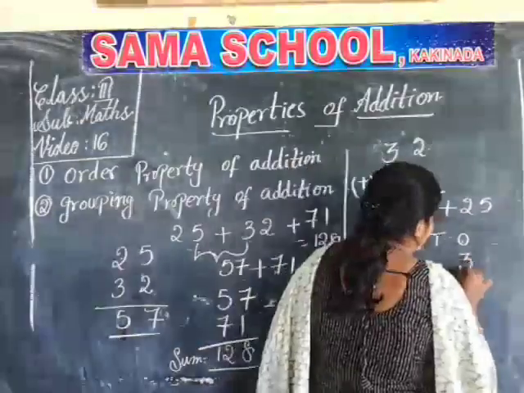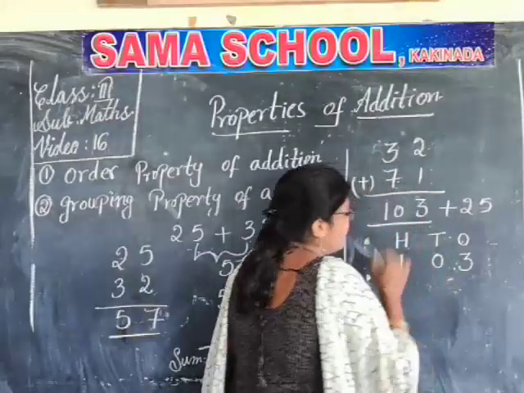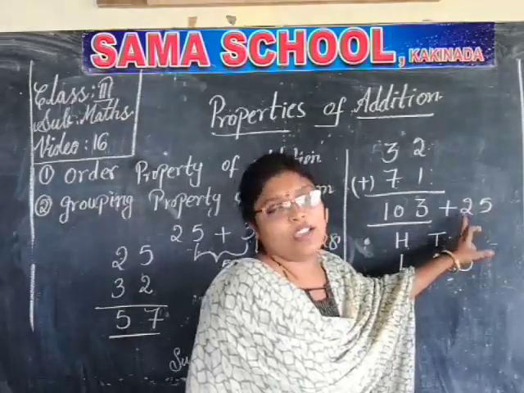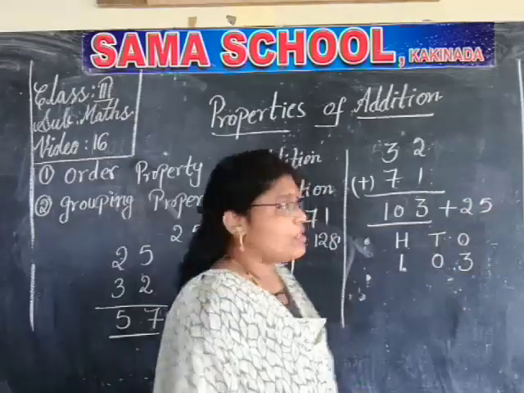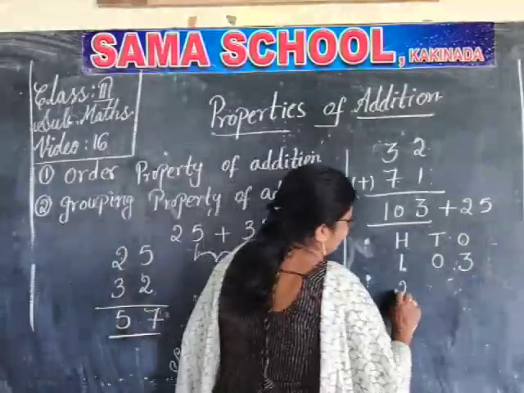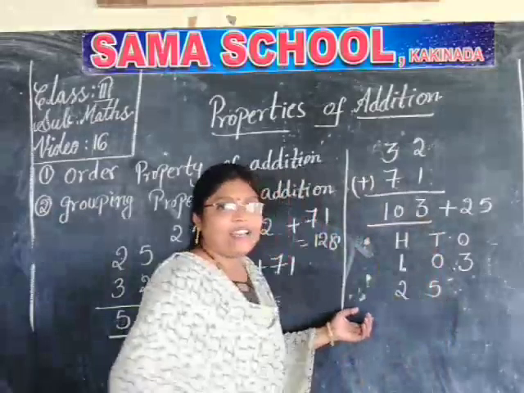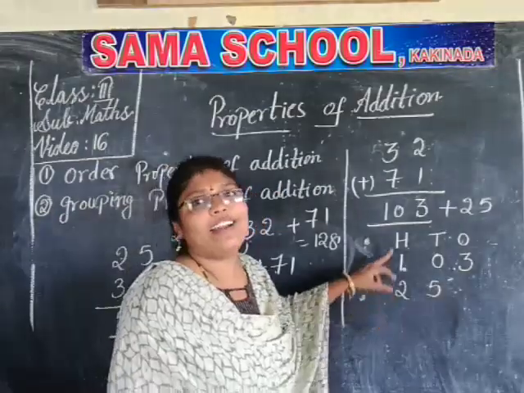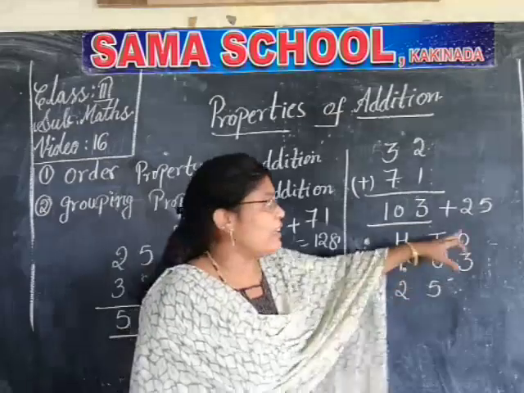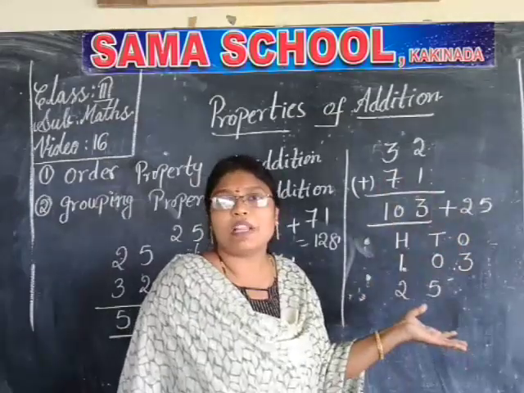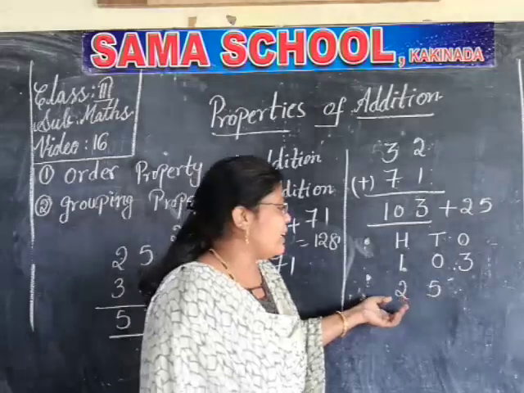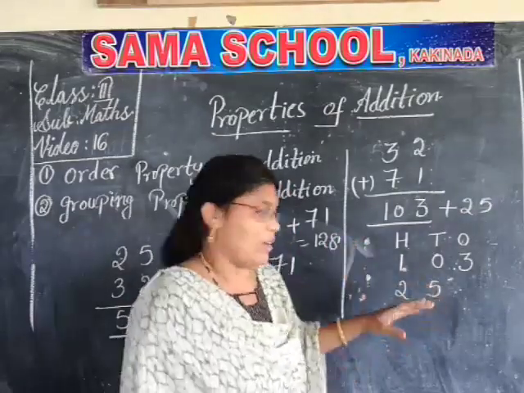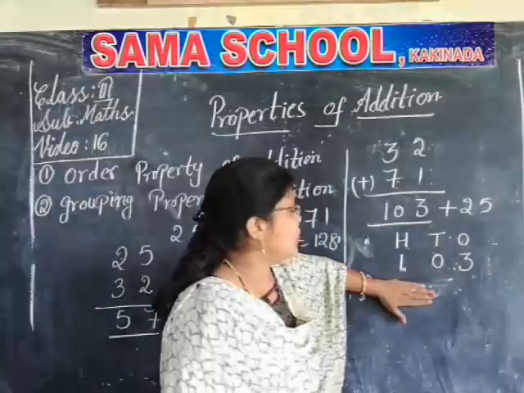Write 3, 0, 1. And what do you have to add to 103? 25. Can I write the 25 here like this and add? I wrote 2 in hundreds place, but in 25 there is no hundreds place digit, right? If I write like this, the entire sum goes wrong. So you should not do this.